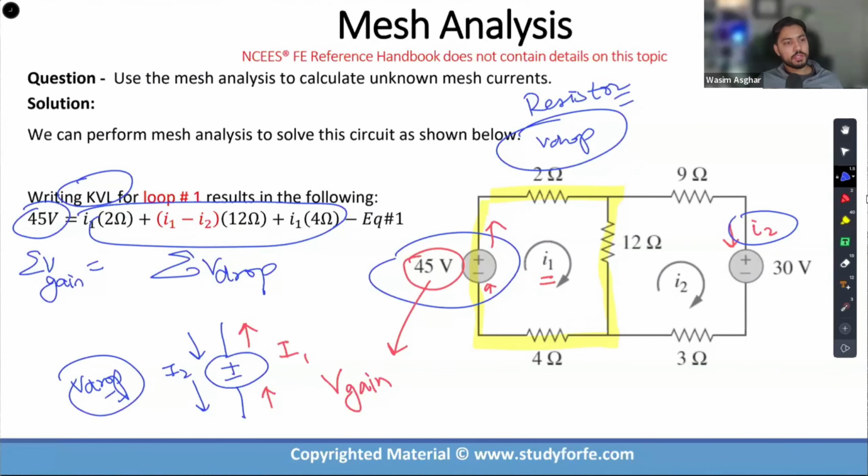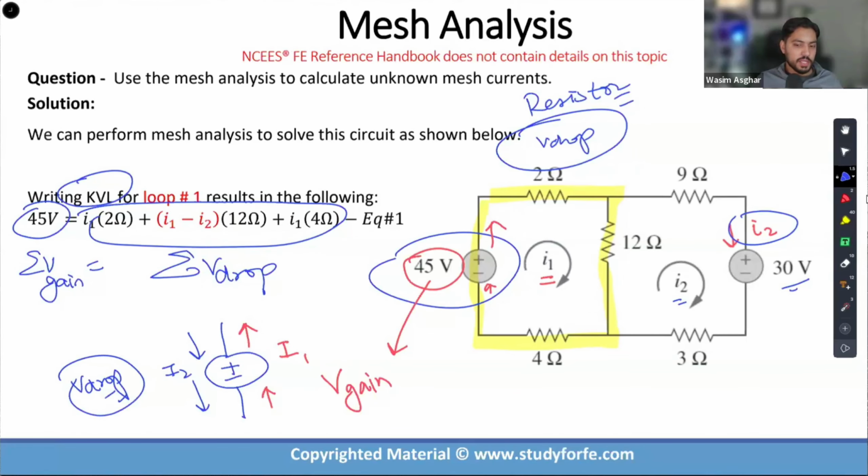The knee-jerk reaction, the intuitive interpretation by most of the students is that I'm seeing a 30 volt source, so it's a voltage gain because it's a source of voltage. It's a DC battery, right? What else can a DC battery do other than just boosting the voltage in the circuit? Wrong. What matters is the direction of the current.